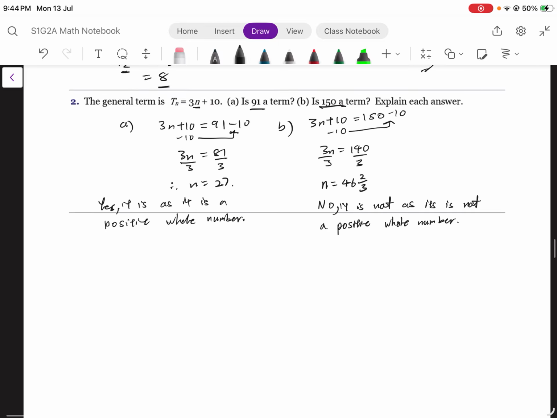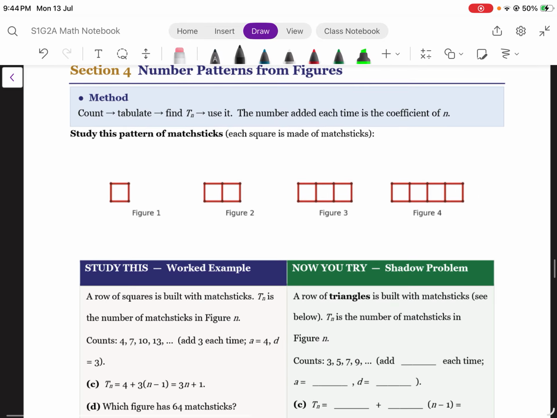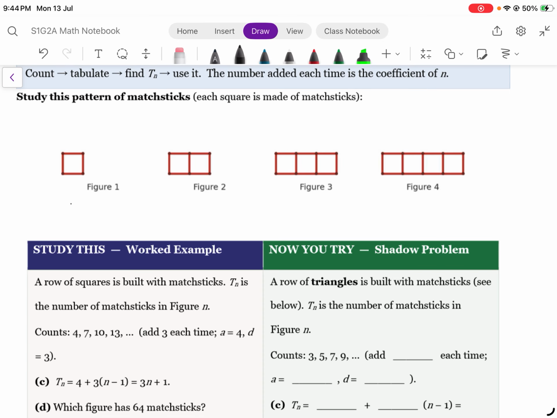Then the next one, number pattern from figures. Now we have figures that also form number patterns. For example, we count the number of matchsticks here. So it is 4, 7, 9. Let me count again: 1, 2, 3, 4, 5, 6, 7. You realize this one is plus 3, plus 3.